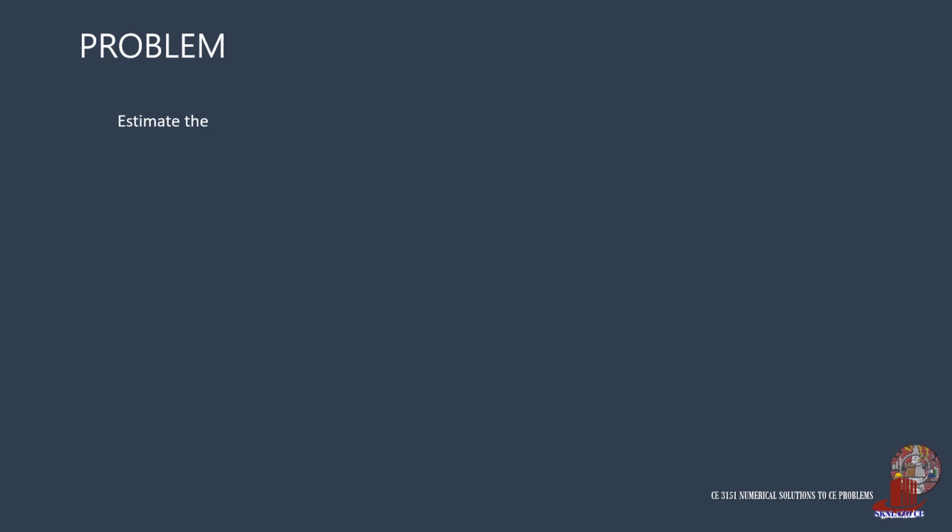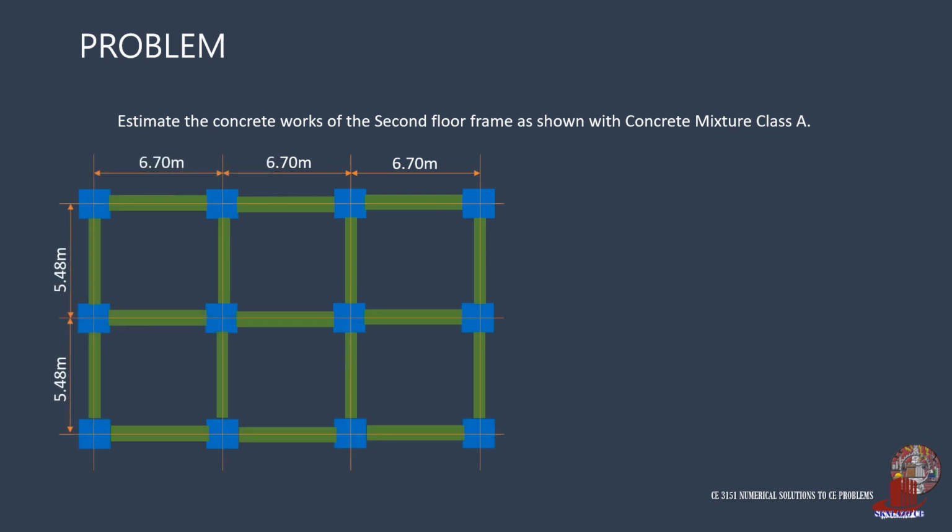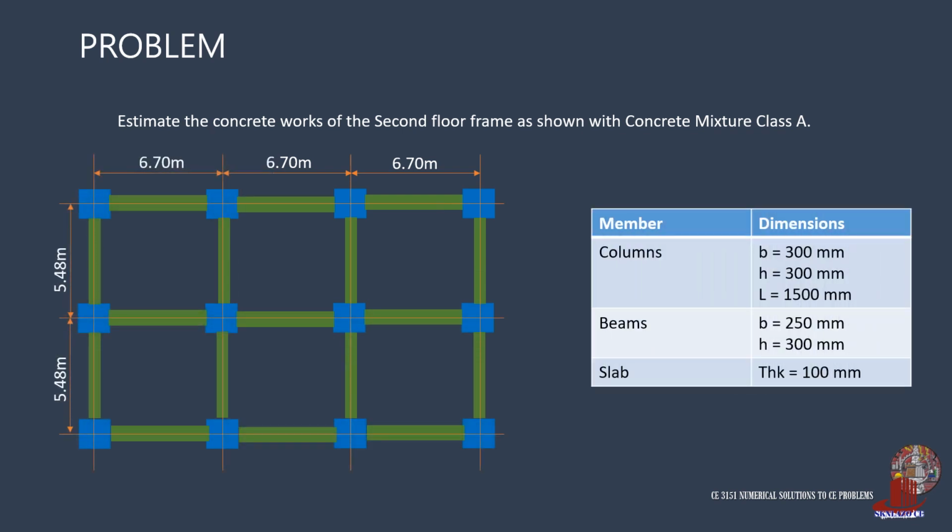The project for estimation in this video is a 3 by 2 base framework where we need to estimate the concrete to be poured for the second floor. Horizontal center-to-center distances is given as 6.7 meters, and vertical spans are 5.48 meters.